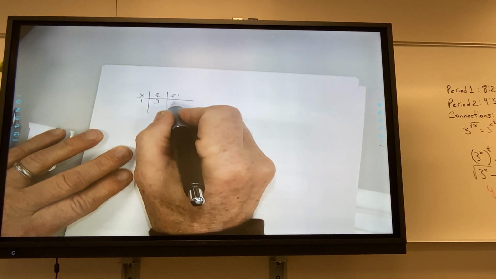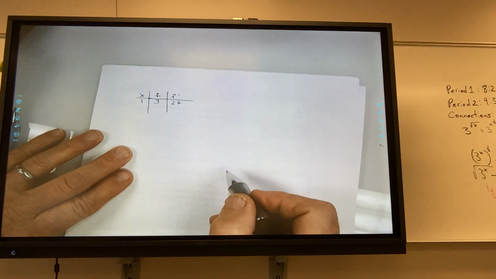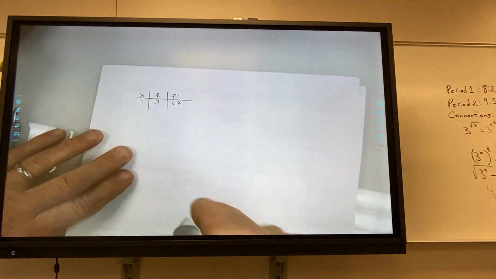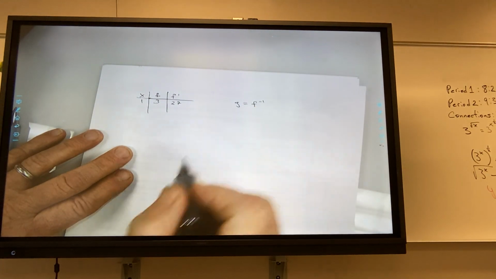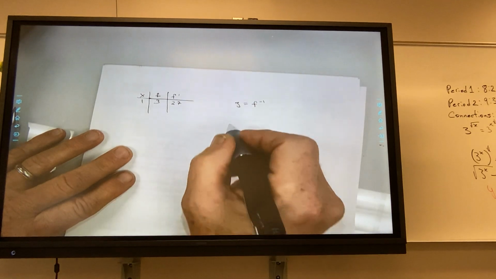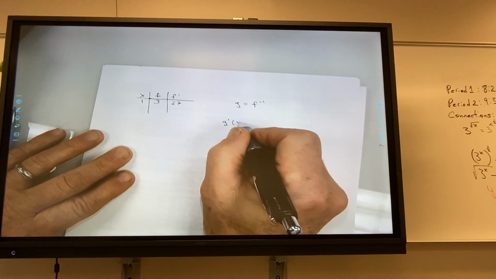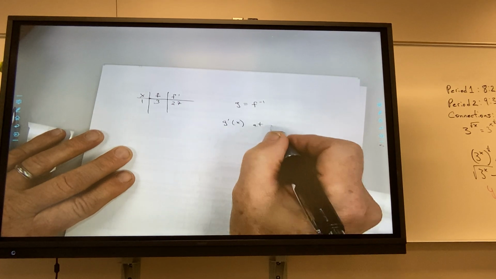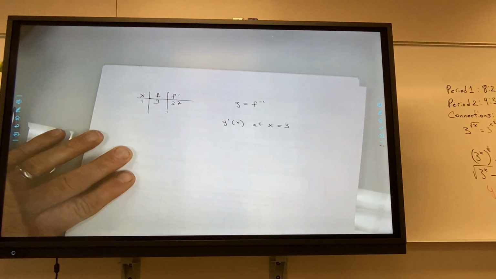And let me pick a derivative number, 27. Okay? And then they'll say G is equal to F inverse. What's the derivative of G at X equals 3?